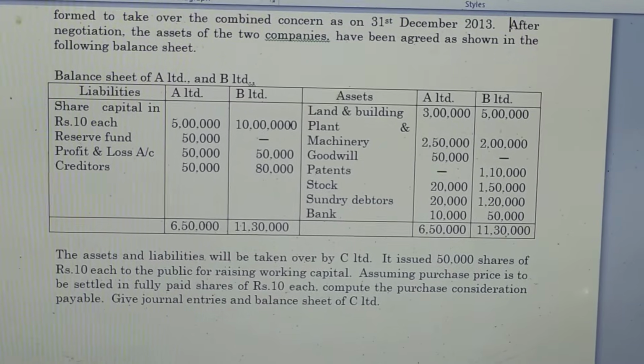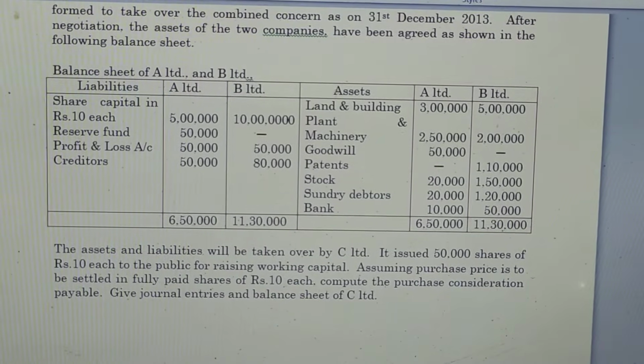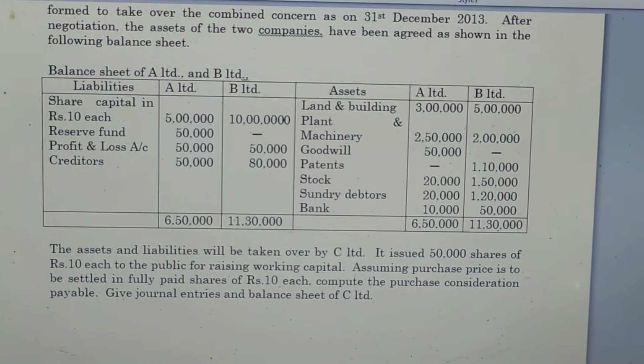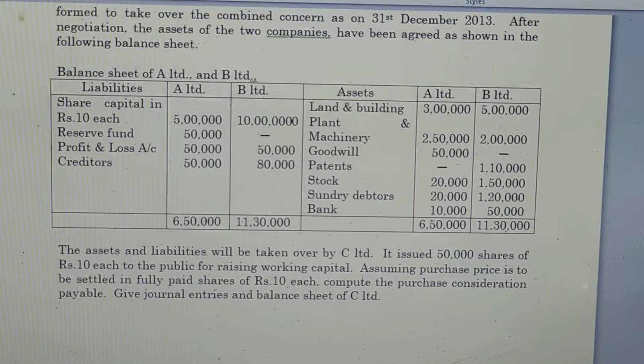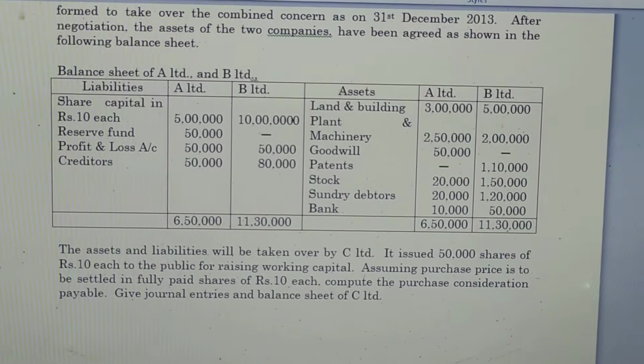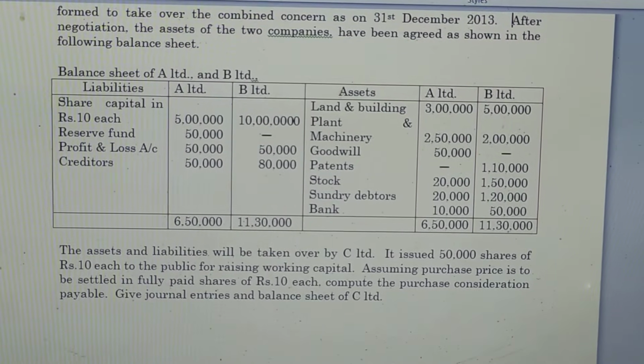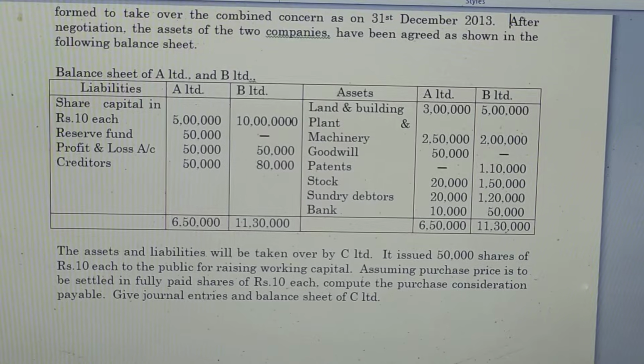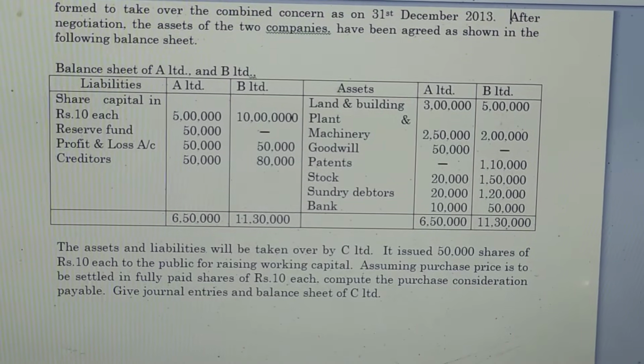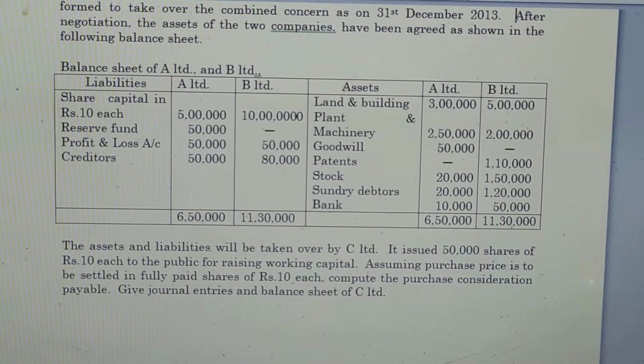On the asset side, land and building 3 lakhs for A Limited, 5 lakhs for B Limited, and plant and machinery 2,50,000 for A Limited, 2 lakhs for B Limited, and goodwill 50,000 for A Limited and no value for B Limited.